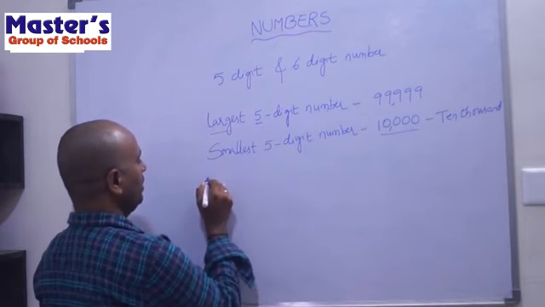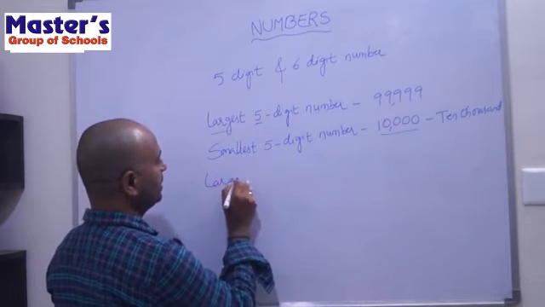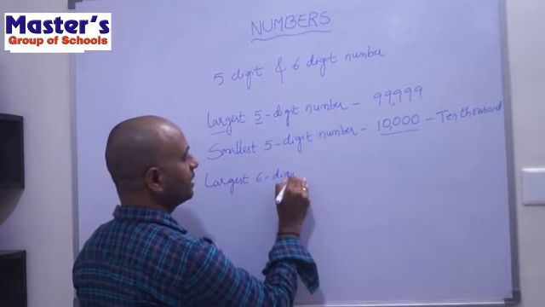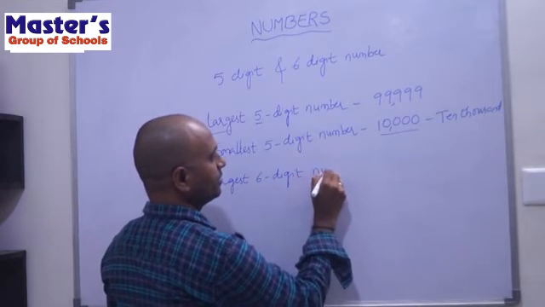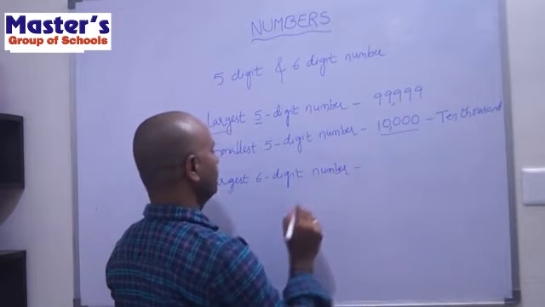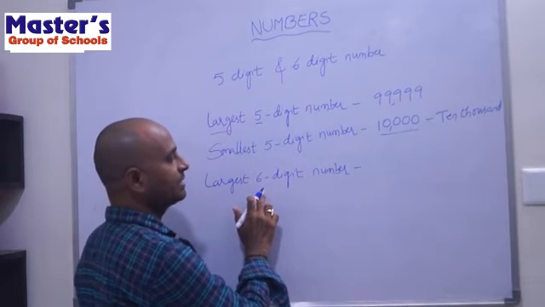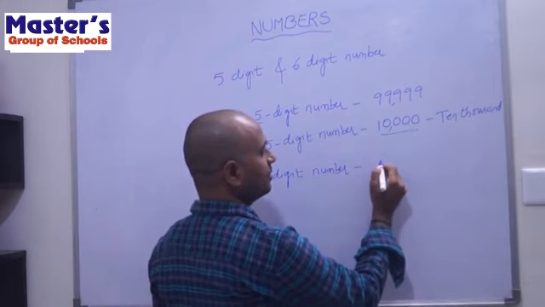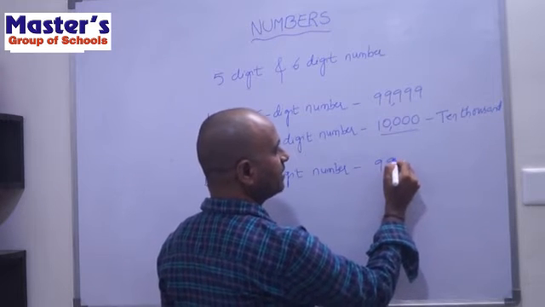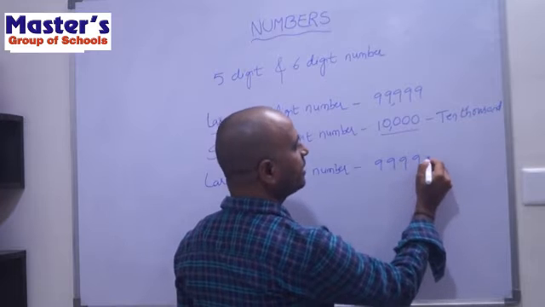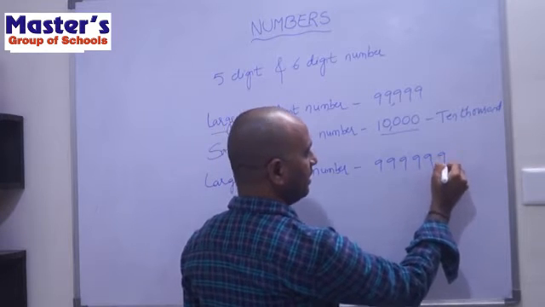Next, the largest 6-digit number. What is the largest 6-digit number? Simply, we write 9 six times: 9, 9, 9, 9, 9, 9.